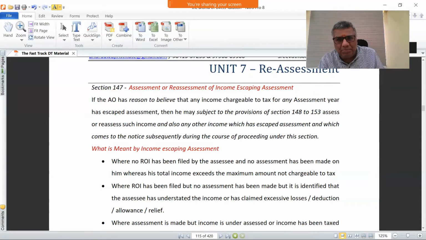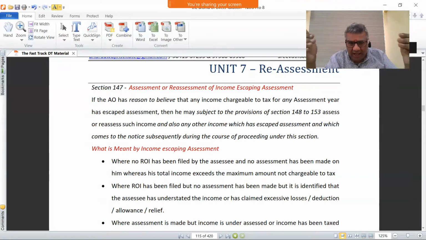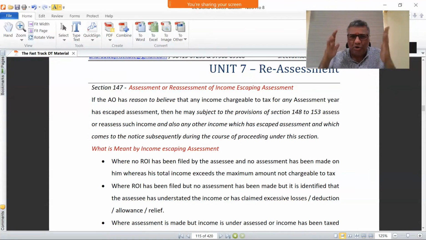Please understand the next level of assessment. For the first level assessment, I don't want any information; the computer picks, I send notice. The next level assessment can happen only if there is authenticated proof that income has escaped assessment.